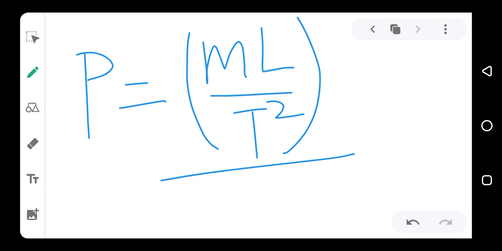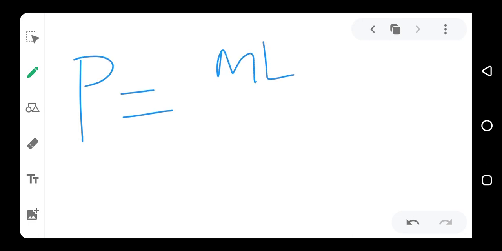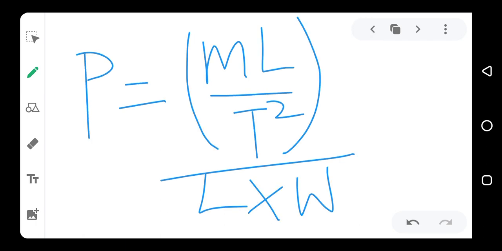Then over area. Area is length times width. So we have P is equal to ML over T squared over length times width. Length and width are the same. They are talking about the length of the same object on different sides of it.